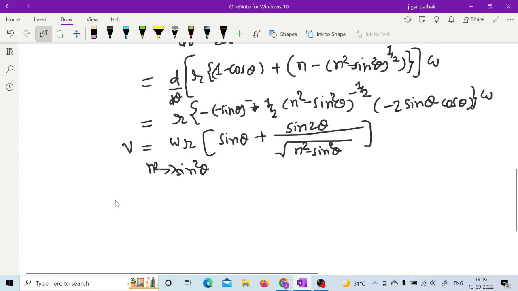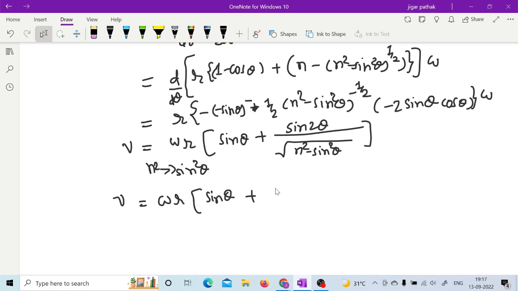Then velocity is omega r in bracket sine theta plus sine 2 theta by 2n.